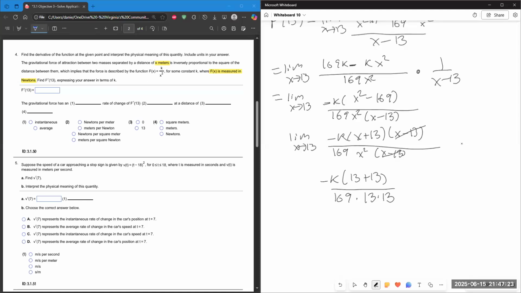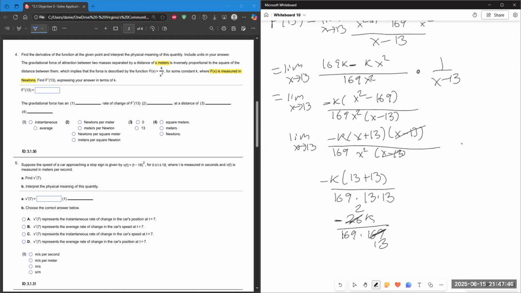So this is going to be negative 26k over 169 times 169. And this is 2, and this is 13, and 2 doesn't go into 169 at all.